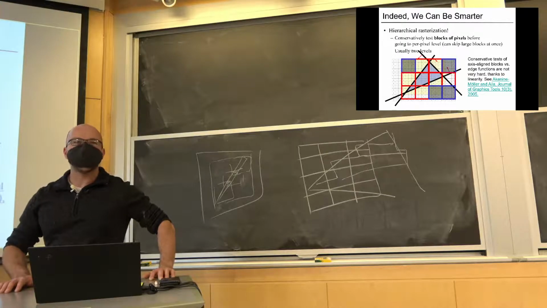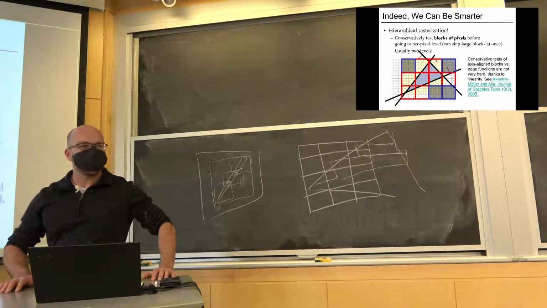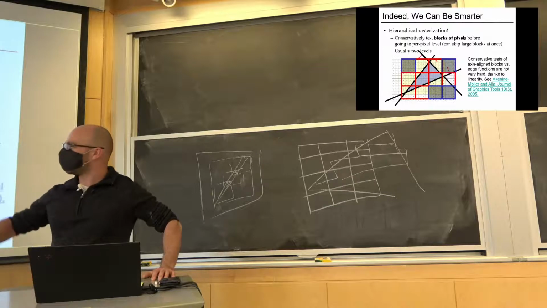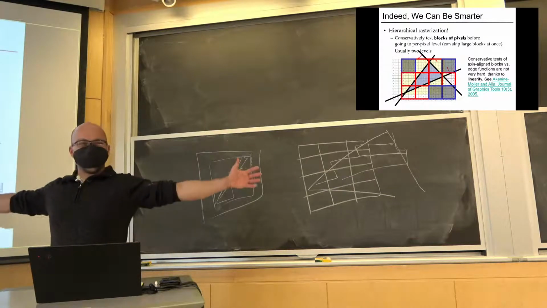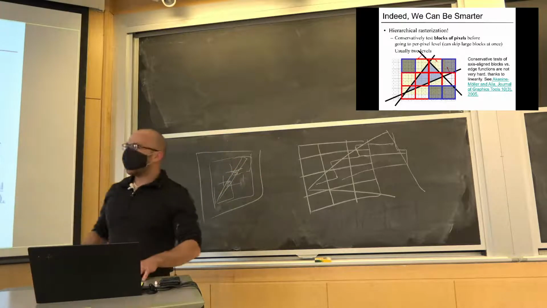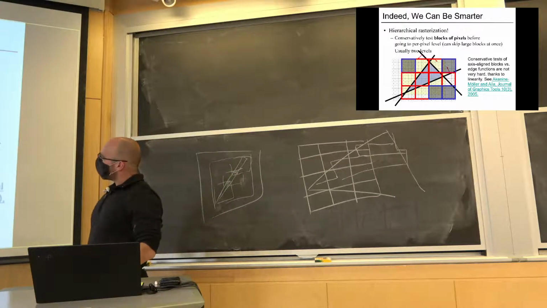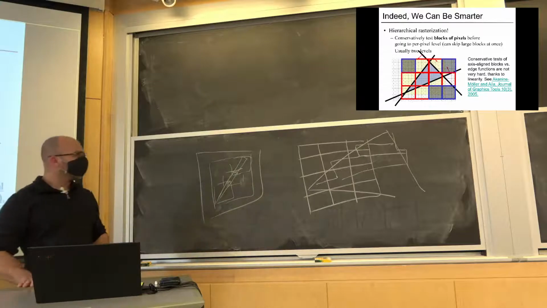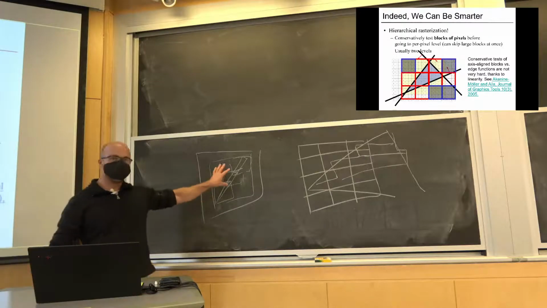Typically, when we say hierarchical, we really mean just 2 levels. I don't think people do 1 giant pixel for the image and then 4 and then 8 and then whatever. That seems like overkill. But this strategy is quite common. And notice that it's not all that far off from what we suggested before.